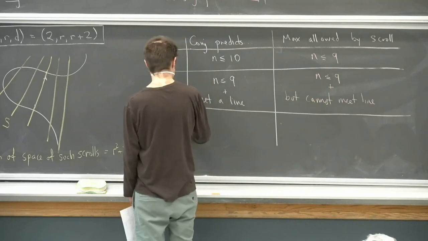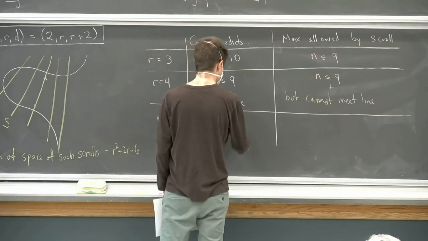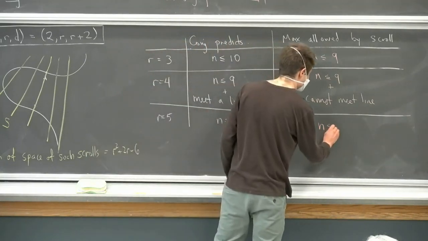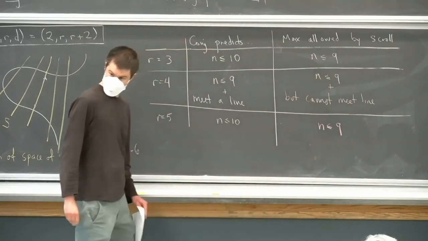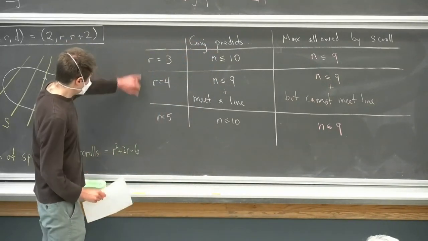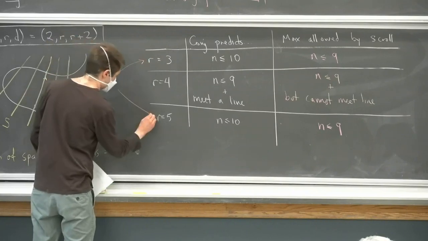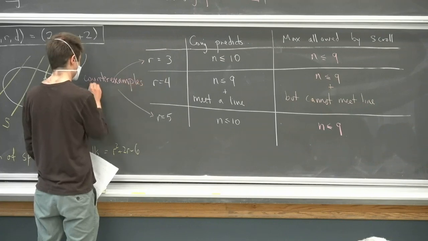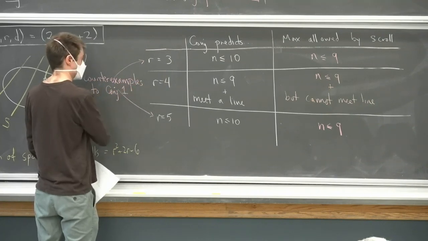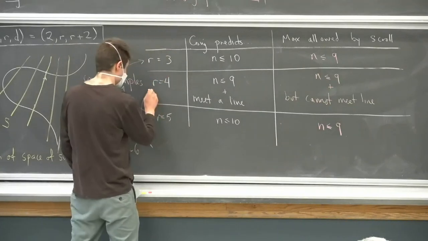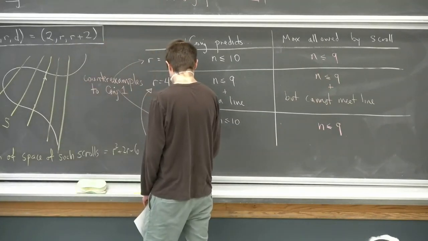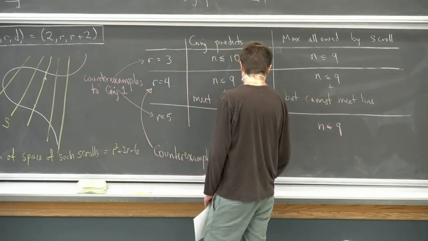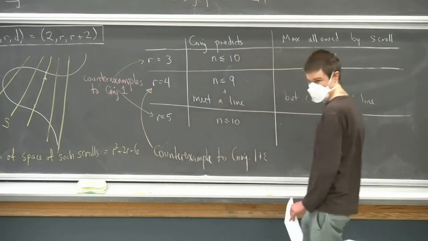And you can look at r equals 5, where the conjecture predicts n up to 10, but the maximum allowed by the scroll is n up to 9. So these are counterexamples to conjecture 1, and this is a counterexample to conjecture 1 plus epsilon.